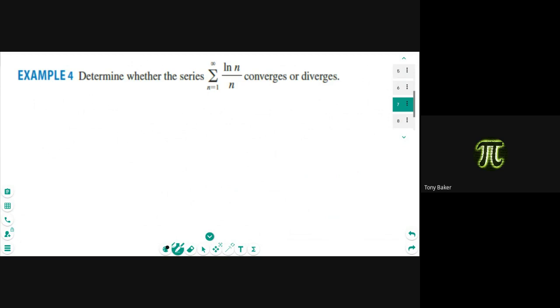You have to think about some of these things to be able to use the integral test, because if it doesn't meet those criteria, the integral test is going to give you incorrect information. So, because n is greater than 1, it is continuous and positive.